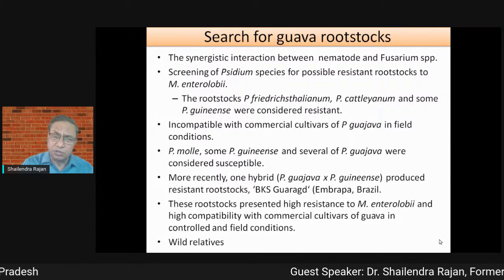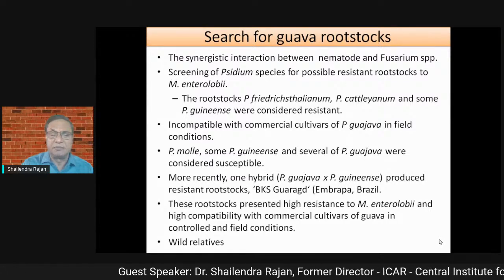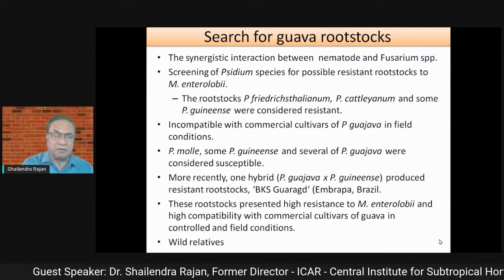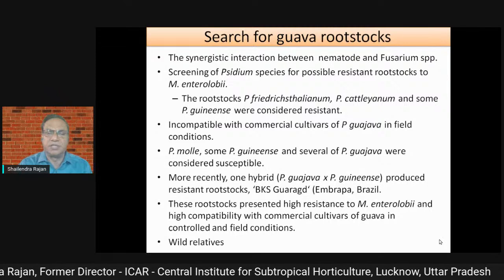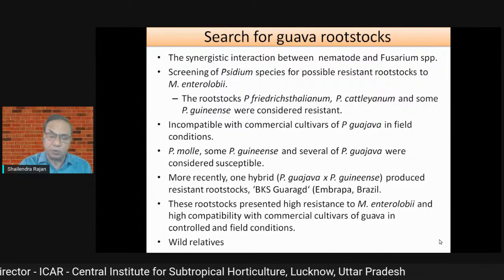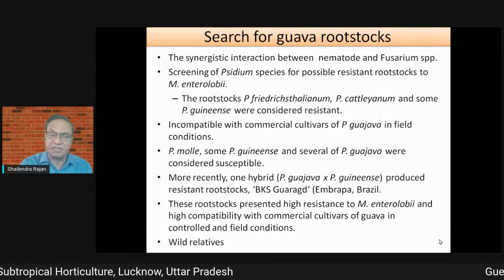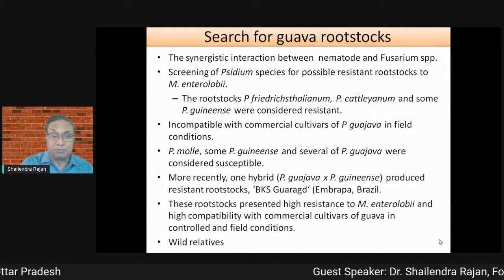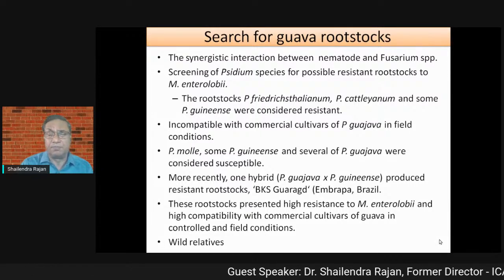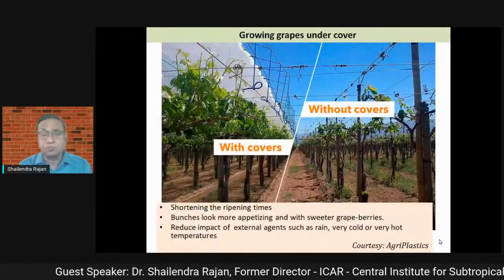But those have also not become a commercial variety, because the orchards become sick within 1 or 2 years, and after 2 or 3 years the orchard dies because of the poor root system. That's why we have to think about the progression of different pests and diseases also with the planting material which is being introduced.